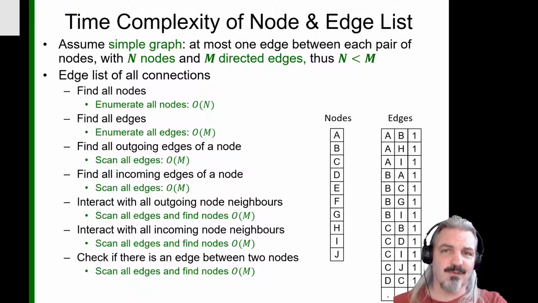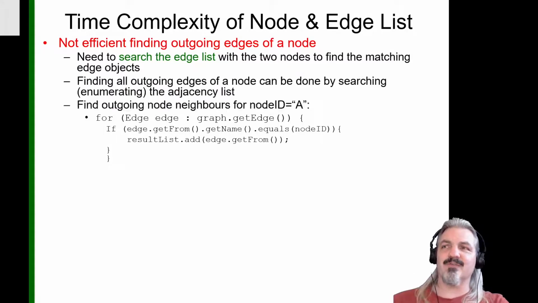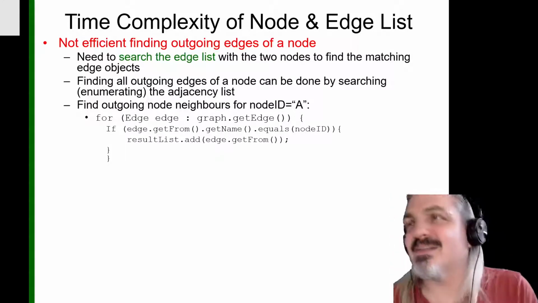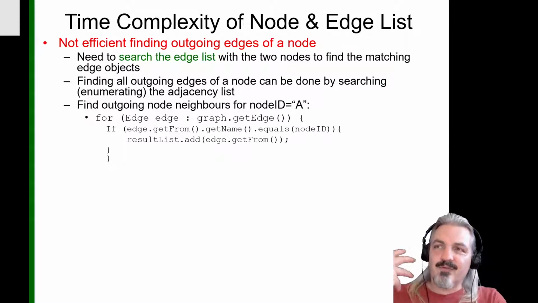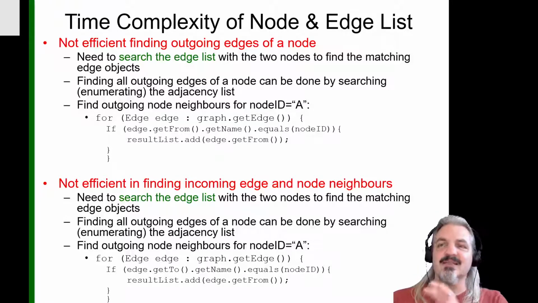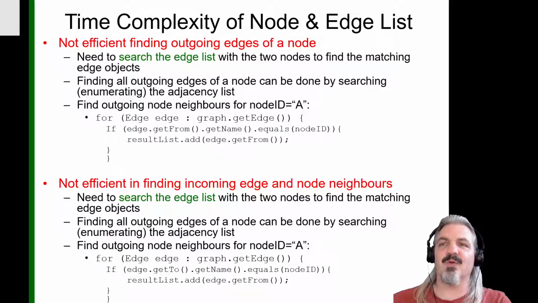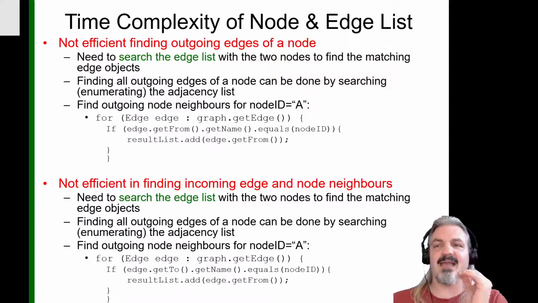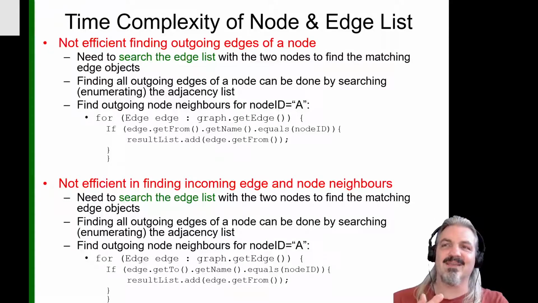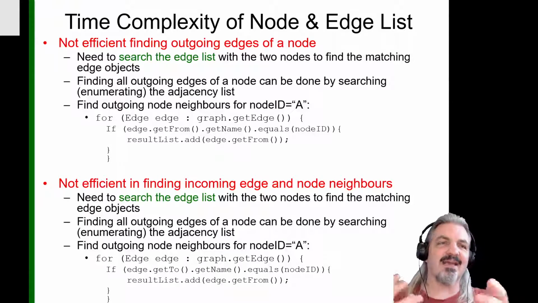So this way of storing it is not efficient for finding outgoing, and it's not efficient for finding incoming, because you just have to basically go through the entire list saying, hey, are you equal to this? If they get the to and they get the from, and then ask, hey, are you equal to this node that I'm looking for, and then add that to a result list, right?